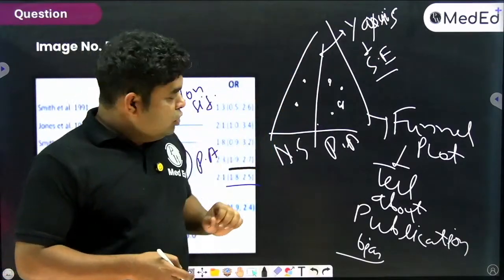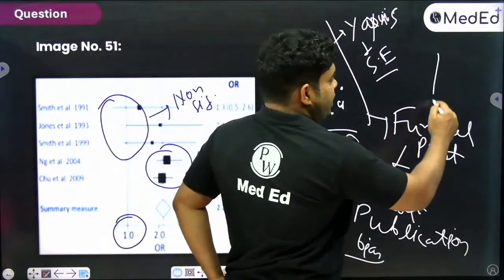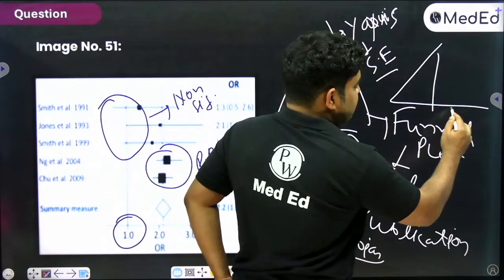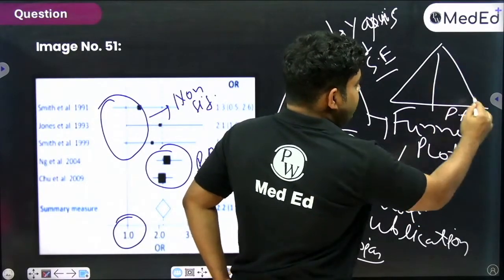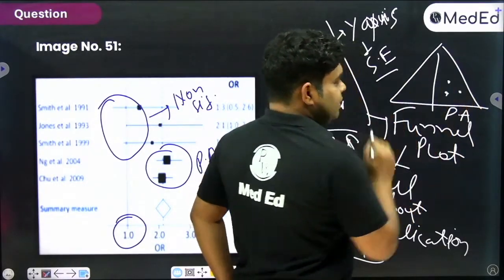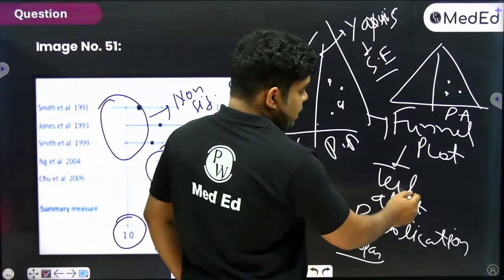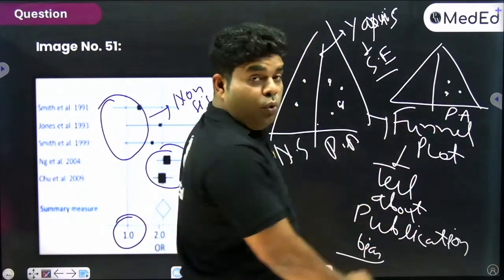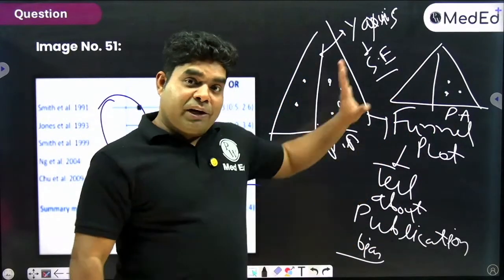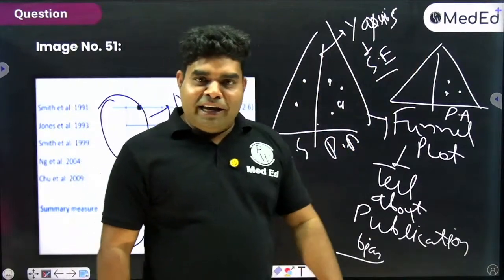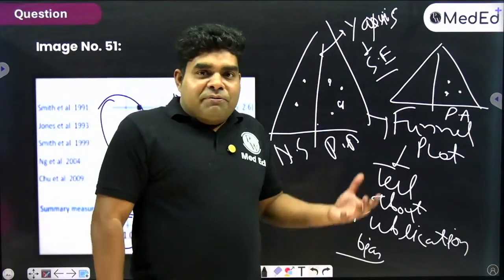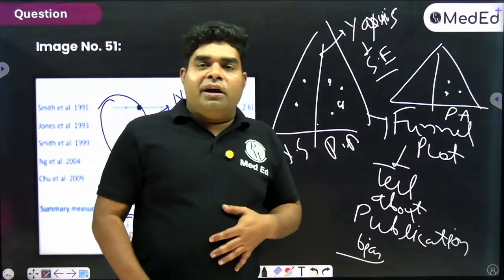You will only get those types of studies which are showing positive association. You will only find dots on one side. This is the funnel plot telling about publication bias. Only dots of positive, that yes, weight loss will occur with drinking cold water. Because if weight loss is not occurring by cold water, no one will publish it.